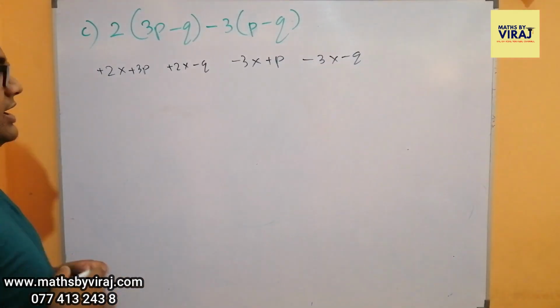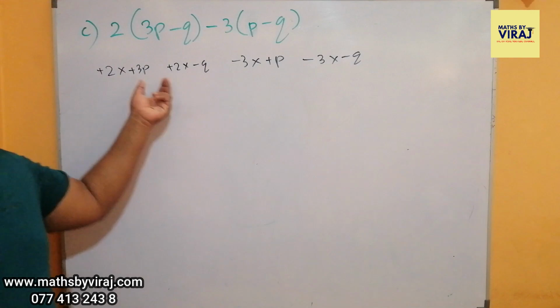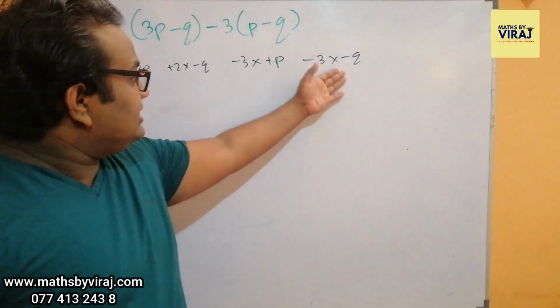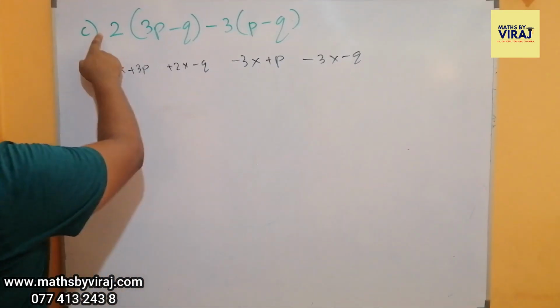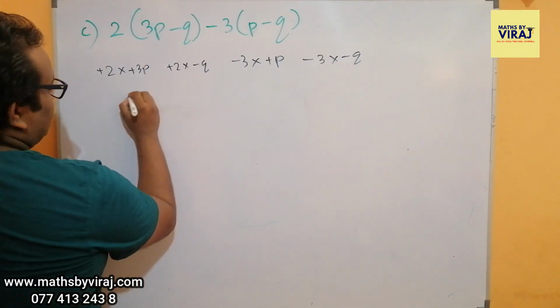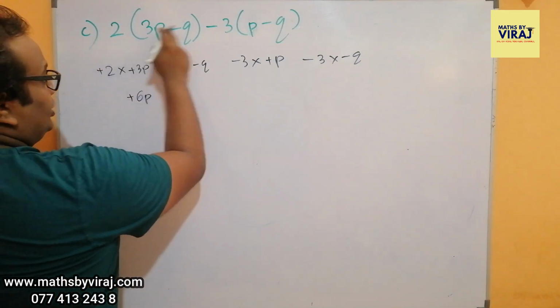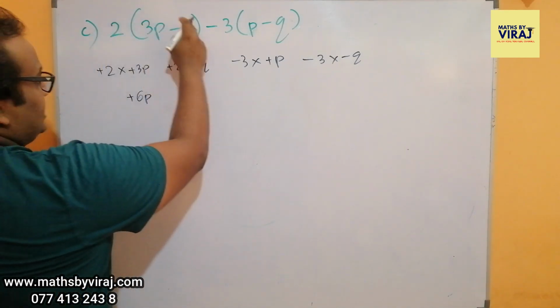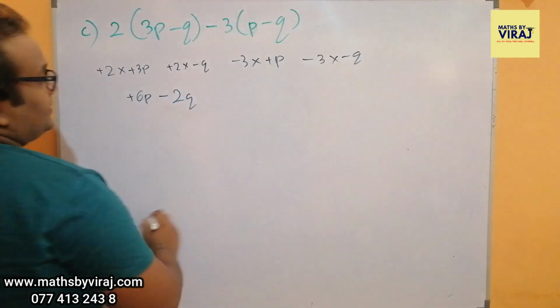Now children, you can see that I have not put a sign between the working. There's no need, because plus into plus, answer is plus 6p. 2 into q, but here plus 2 into minus q. Plus into minus, the answer is minus 2q.